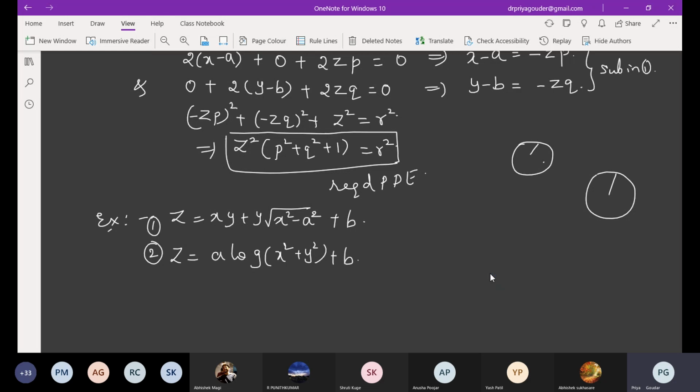Here the arbitrary constants are a and b. If you differentiate, b directly goes to 0, so you need to eliminate a. Try to get the answer for that.